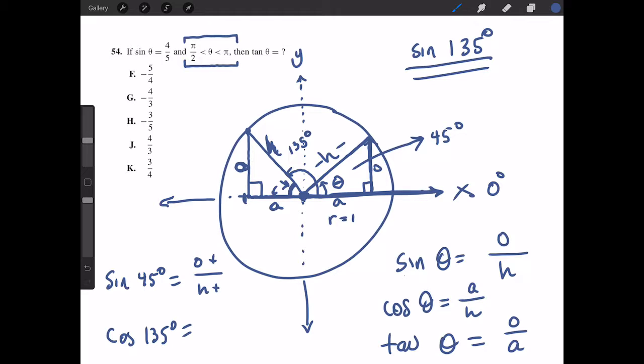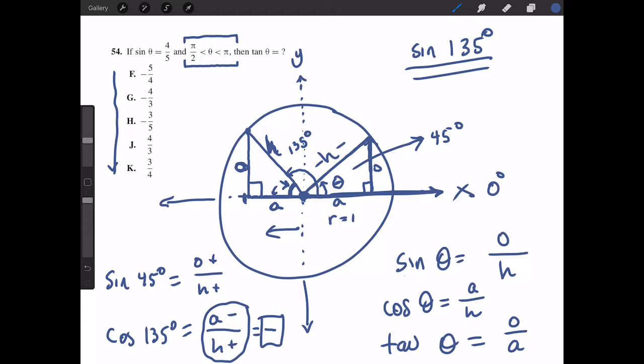It's this segment right here, and it lies on the x-axis, on the negative side of the x-axis, so the adjacent side is negative. And we're going to divide that by the hypotenuse, which is always positive. So what do we end up with? When you divide a negative by a positive, you get a negative answer. So whatever the cosine of 135 degrees is, we're going to get a negative answer.